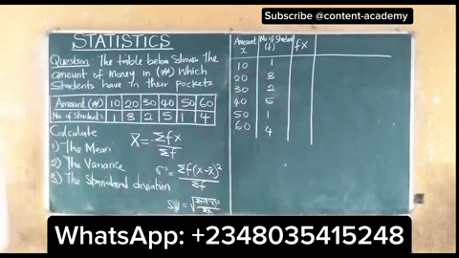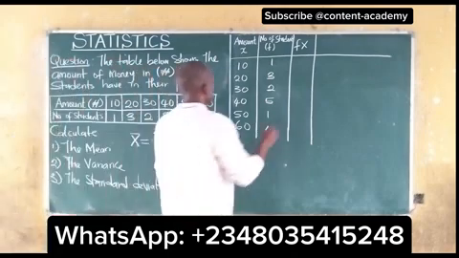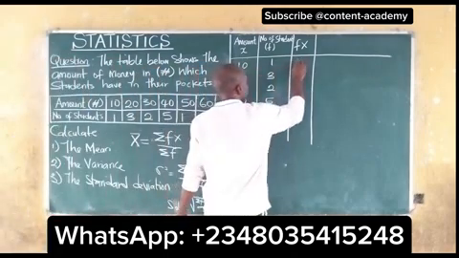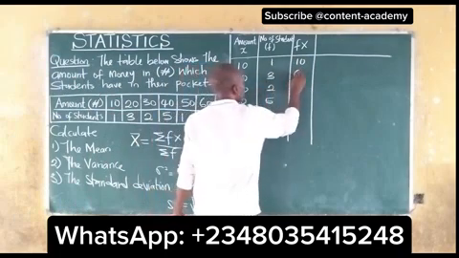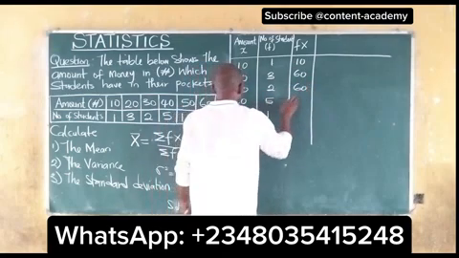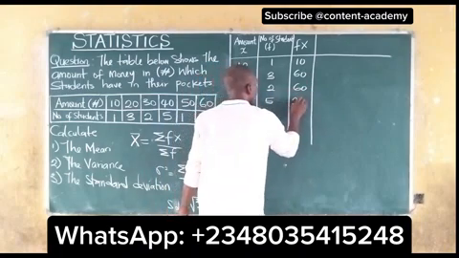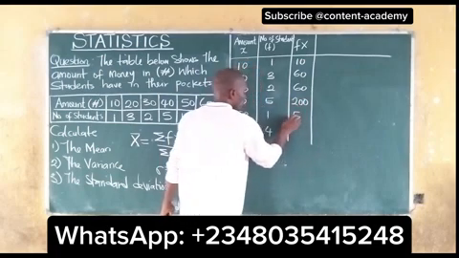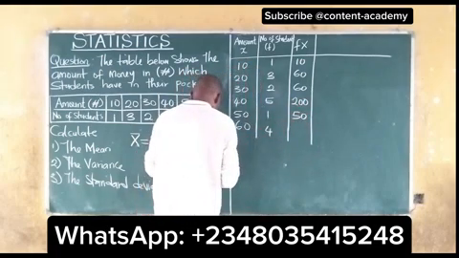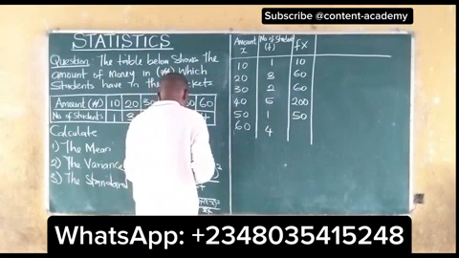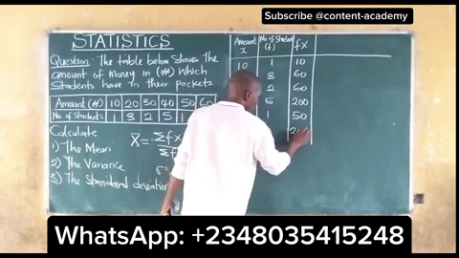How do we produce f of x? So here f of x will be 10 multiplied by 1, which is 10, 20 multiplied by 3, which is 60, 30 multiplied by 2, which is 60, 40 multiplied by 5, which is 200, 50 multiplied by 1, which is 50, and 60 multiplied by 4, which is 240.